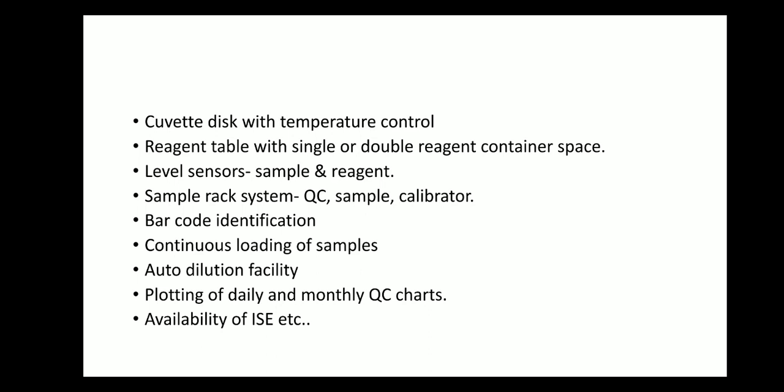For some other tests we make use of two reagents, R1 and R2. So all those can be accommodated in this. That is one advantage. Here also there is a reagent level sensor, sample level sensor, and a sample rack system to accommodate QC samples. So all the features we saw about fully automated analyzers, everything is there here.